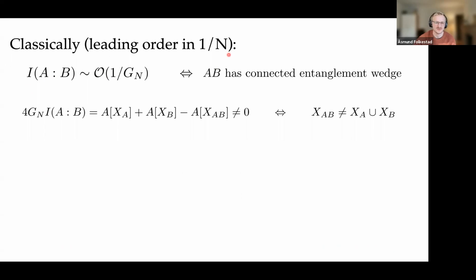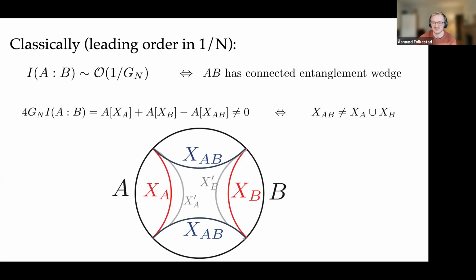This is very easy to prove. If you just use the HRT formula, valid at leading order, then the mutual information is just the area of X_A plus the area of X_B minus the area of X_AB, where X_AB is the RT surface of the union of A and B. So you can just draw it in pictures like this.